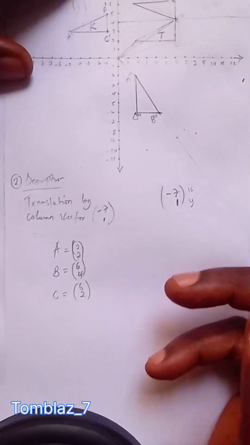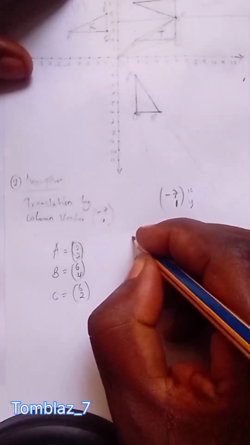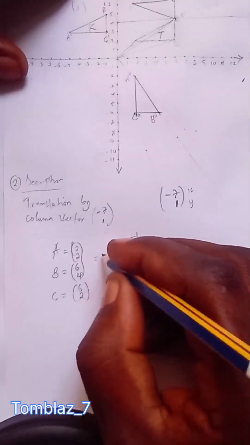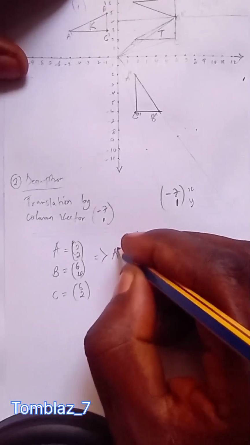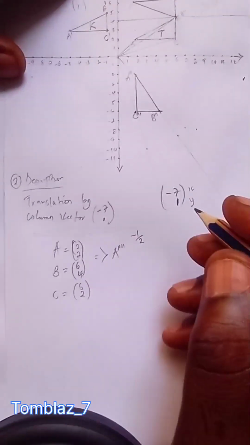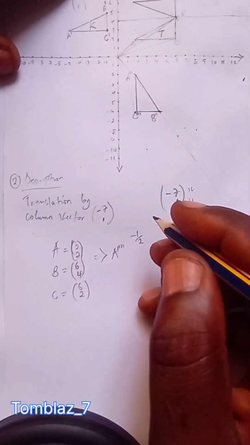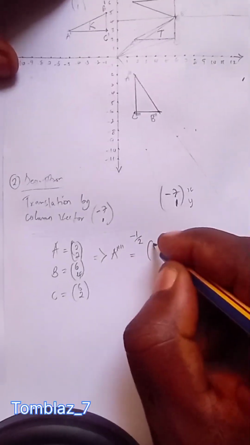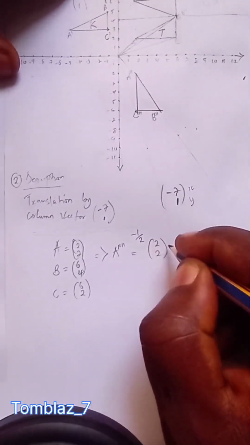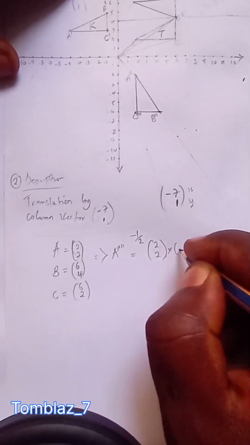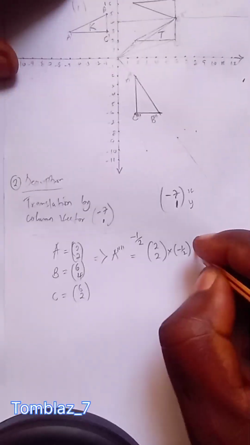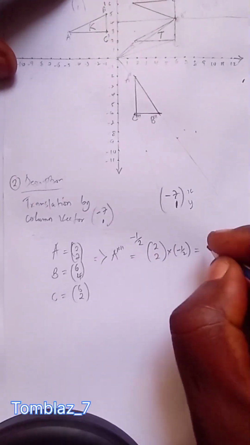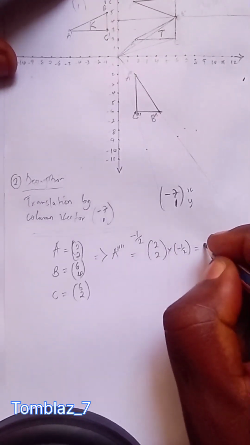So they say the enlargement is by -1/2. So to get the new A prime prime prime prime, wow, we are getting up to 4. It's going to be what? 2 multiplied by -half. This times this will give you -1.